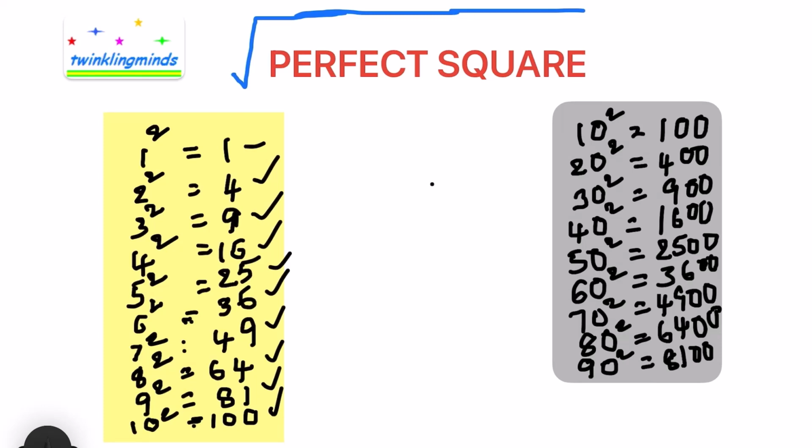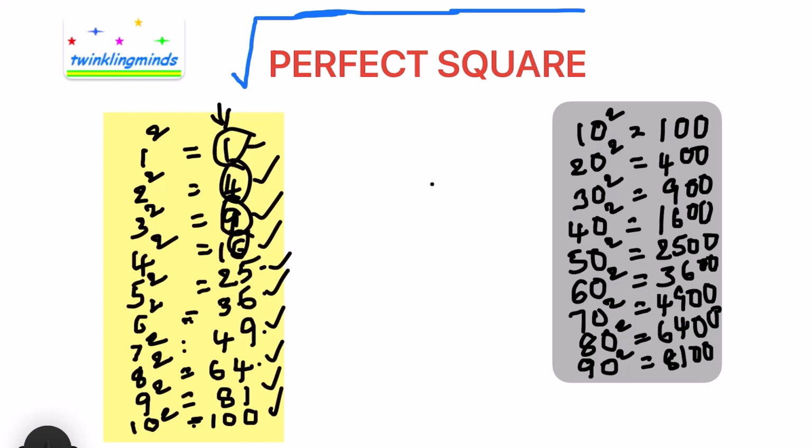Now notice what is there in the units position, the ones position: 1, 4, 9, 6, 5, again 6, 9, 4, 1, 0. So 1, 4, 9, 6, 5, and then it is in the reverse order, 6, 9, 4, 1 and 0.